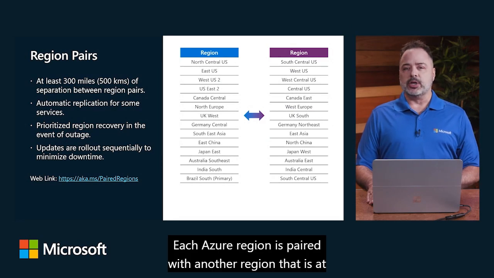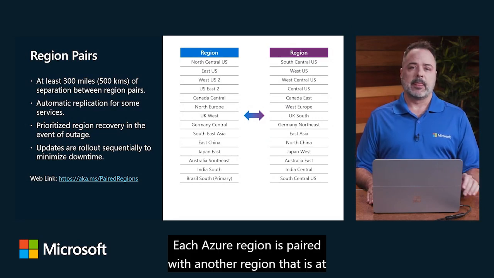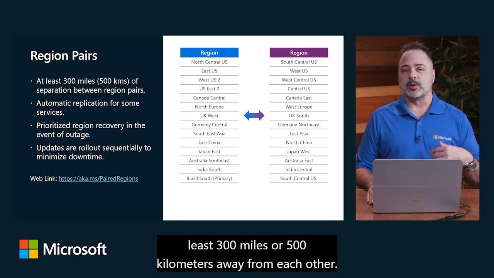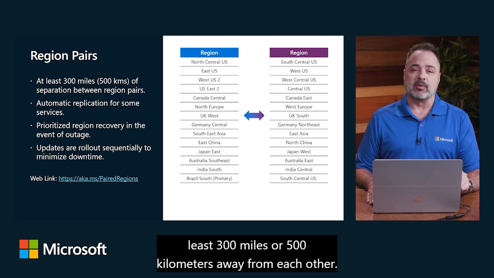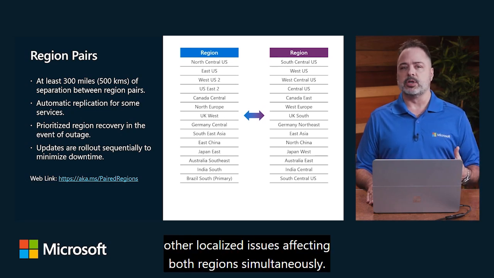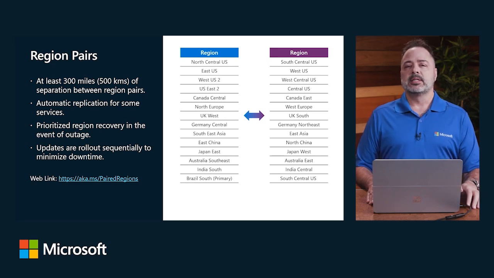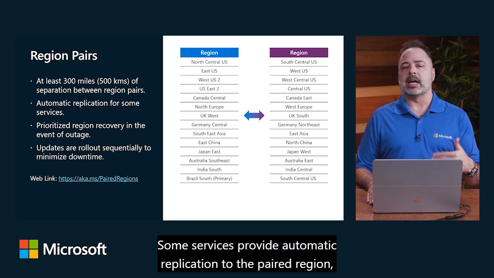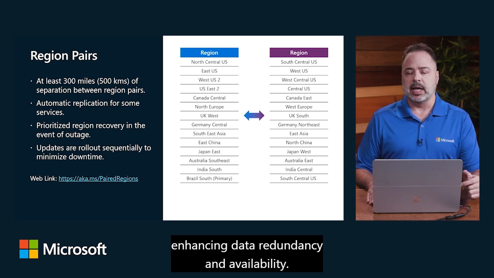Each Azure region is paired with another region that is at least 300 miles or 500 kilometers away from each other. This distance helps to mitigate the risk of natural disasters or other localized issues affecting both regions simultaneously. Some services provide automatic replication to the paired region, enhancing data redundancy and availability.